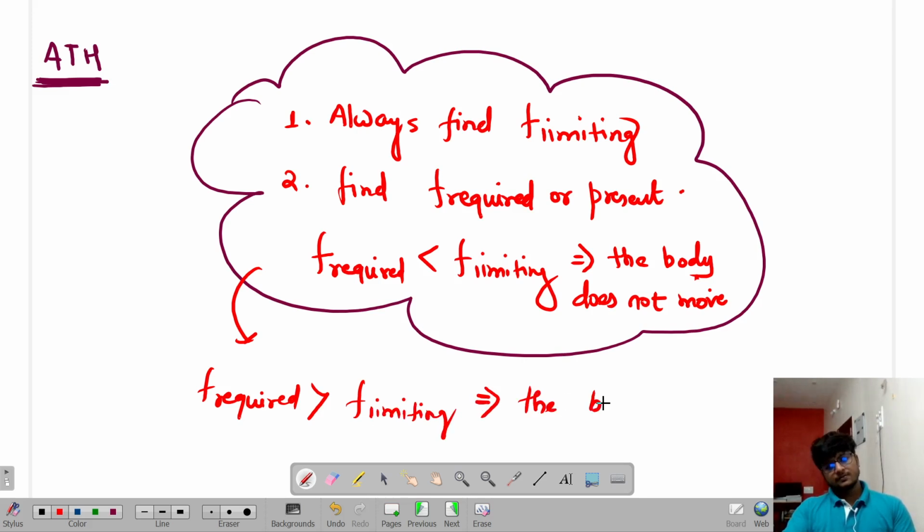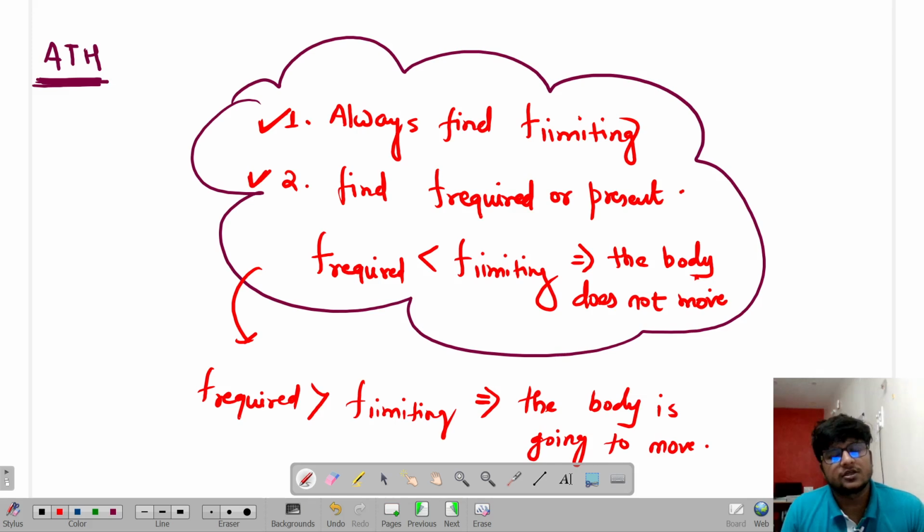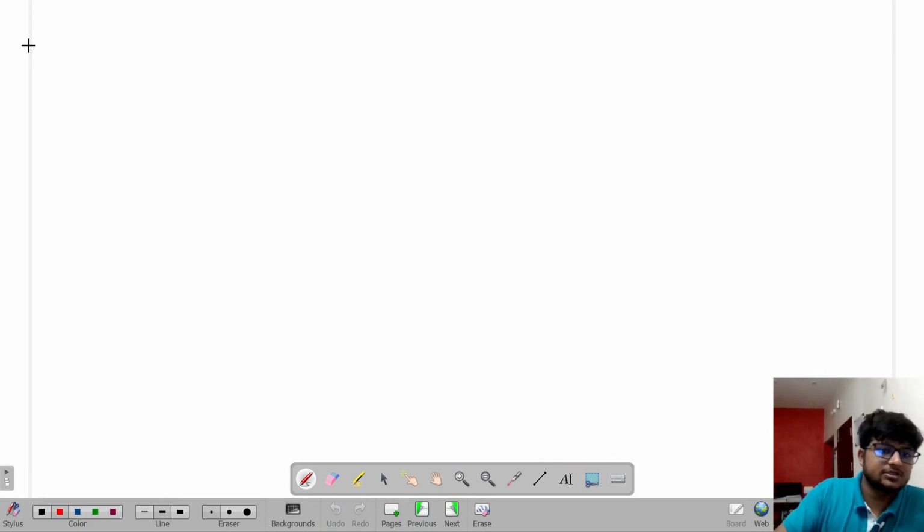The body is going to move. So you have to always find two things. What are those two things? Limiting and required. Is that clear or not clear? Are you with me? So let's do some examples.